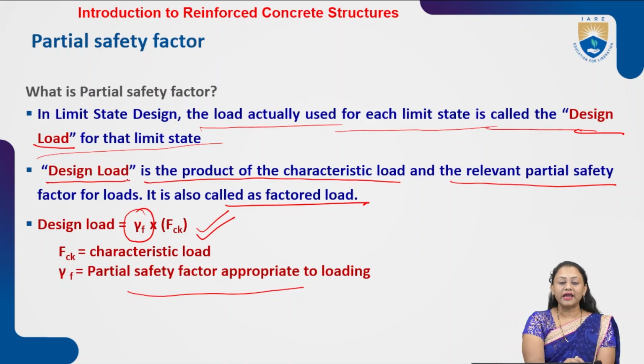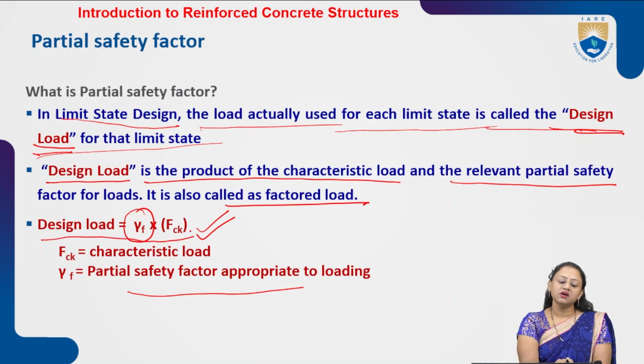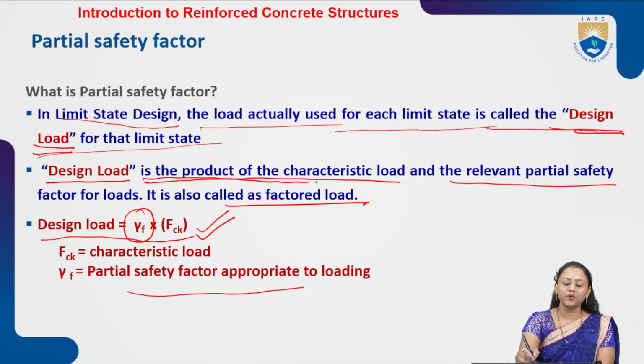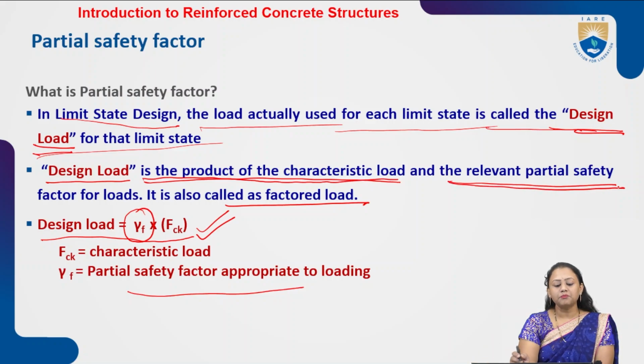So when you are designing any structure by limit state design, you consider the design load. And how do you calculate the design load? The design load is the product of the partial factor of safety multiplied by the characteristic load. It is also known as the factored load.